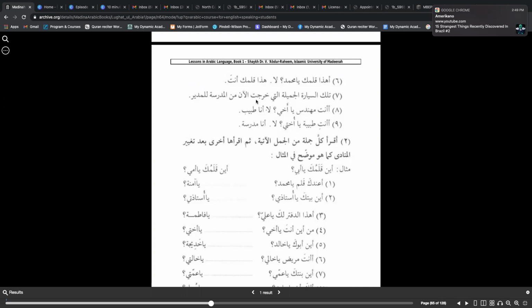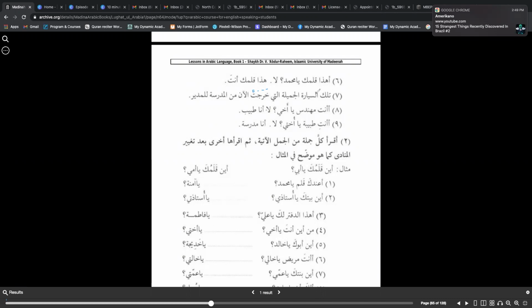Even for inanimate objects that are feminine, we're going to conjugate the verb to the feminine form. So this is going to be kharajat, and you put a sukoon on the ta. Why? Because sayara is feminine.